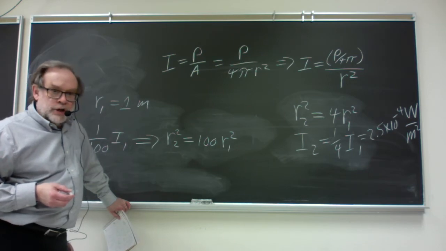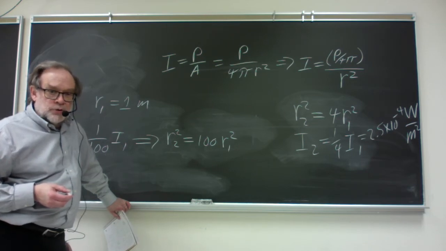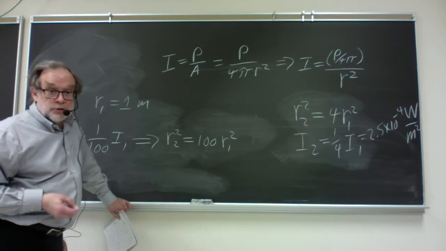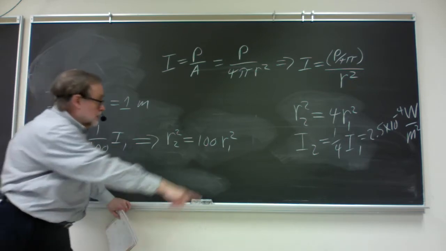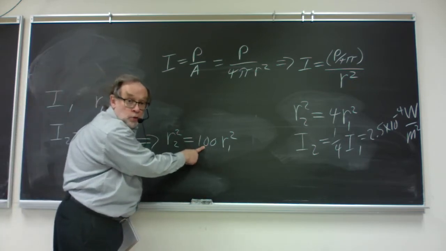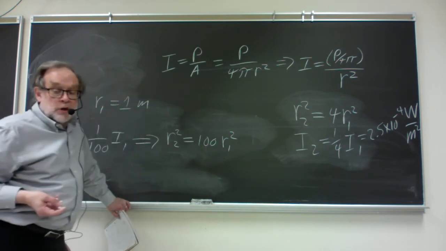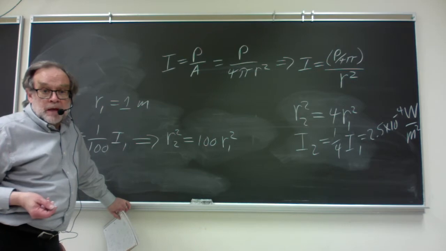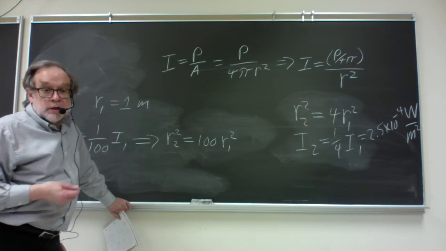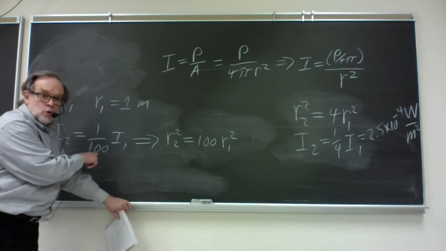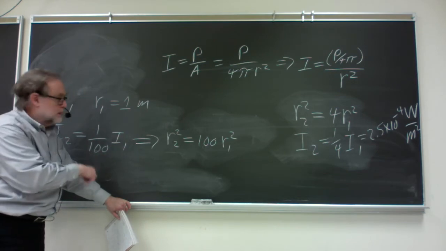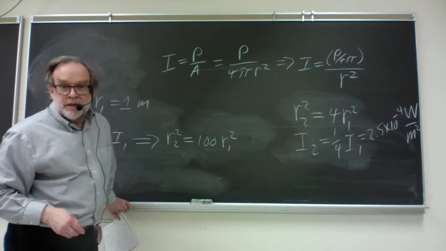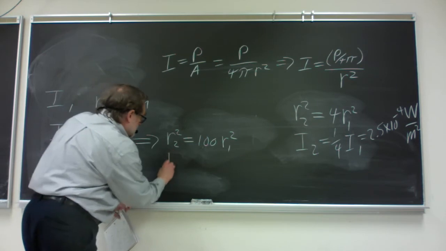And r squared changes by a factor of 100, so the thing that it's inversely proportional to, intensity, changes by a factor of 1/100. And from that we can figure out what the new distance is, how far away you had to go to get an intensity 100 times smaller. Just take the square root of that equation.